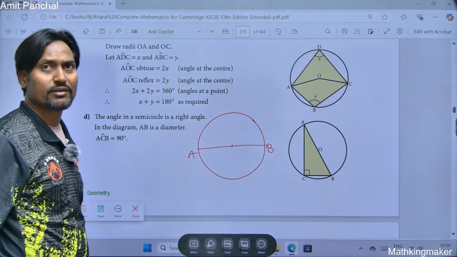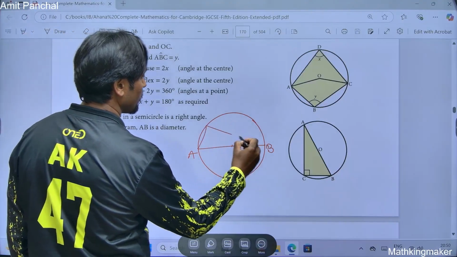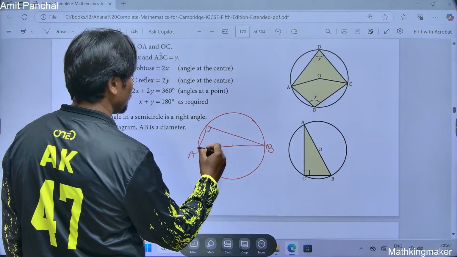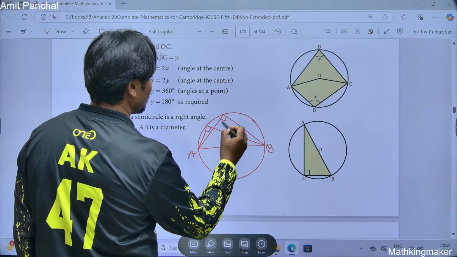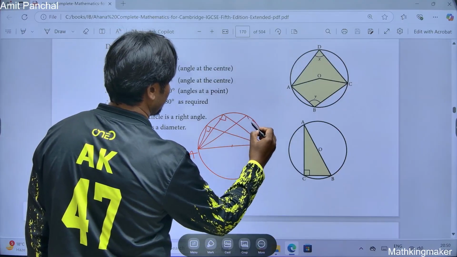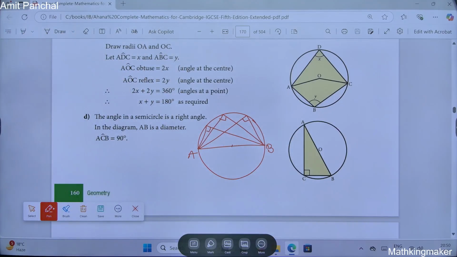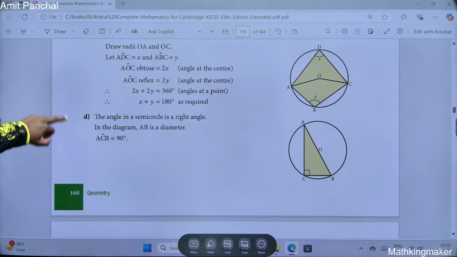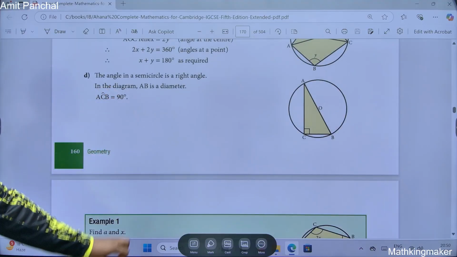If you make any angle with this diameter, it will be 90 degrees. Got it? Till now we have studied 4 theorems.